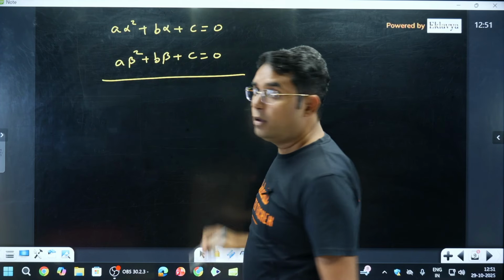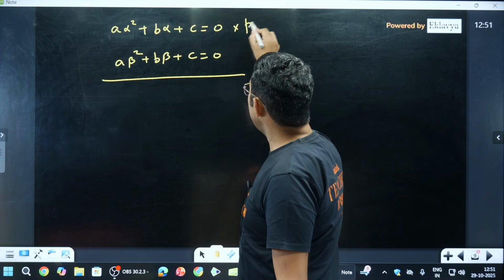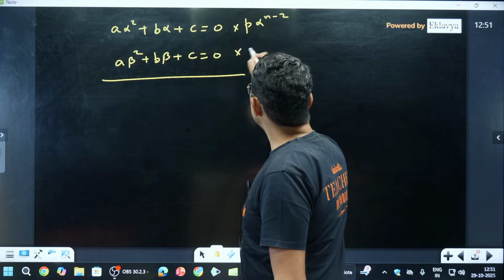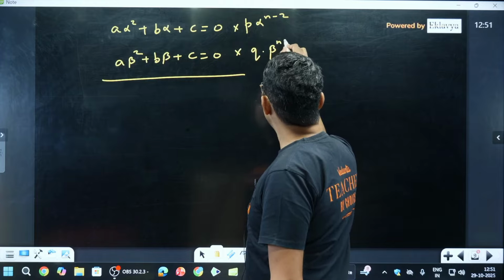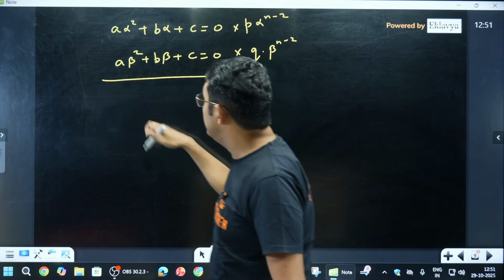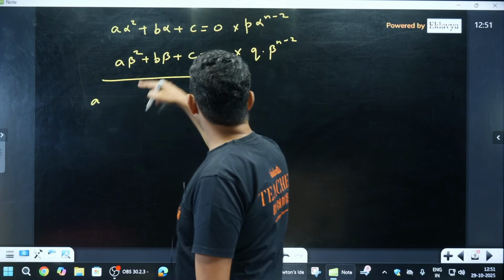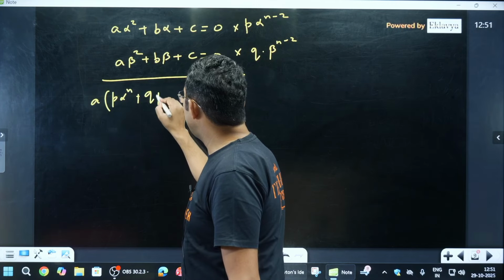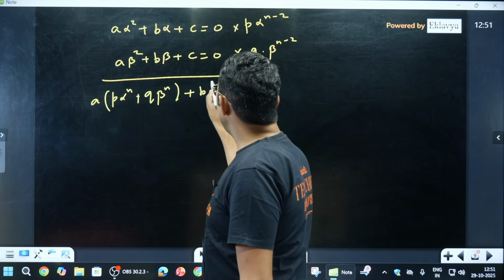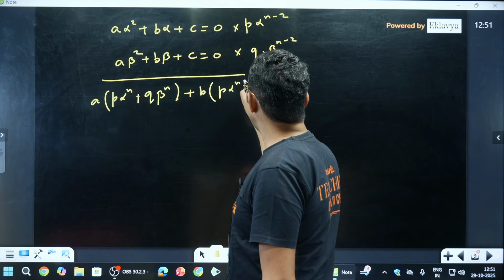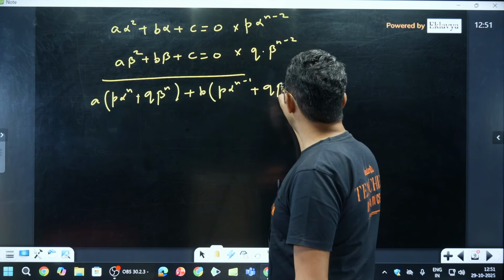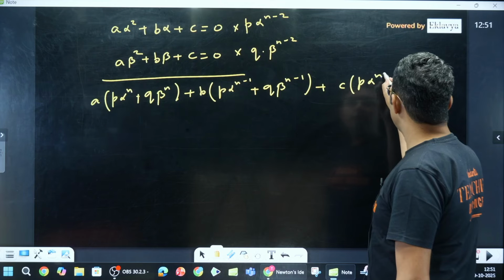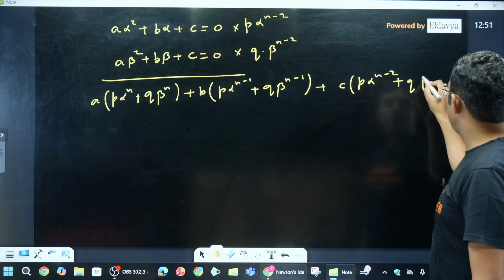Now you can multiply these with p into alpha power n minus 2 and q into beta power n minus 2, and then add. It will be a common p into alpha power n plus q into beta power n, plus b into (p into alpha power n minus 1 plus q into beta power n minus 1), and similarly c into (p alpha power n minus 2 plus q into beta power n minus 2).